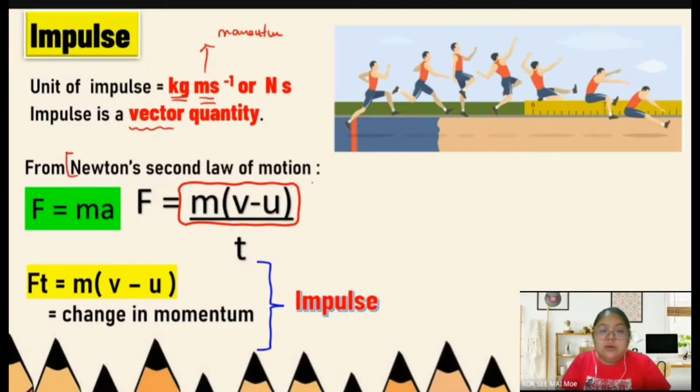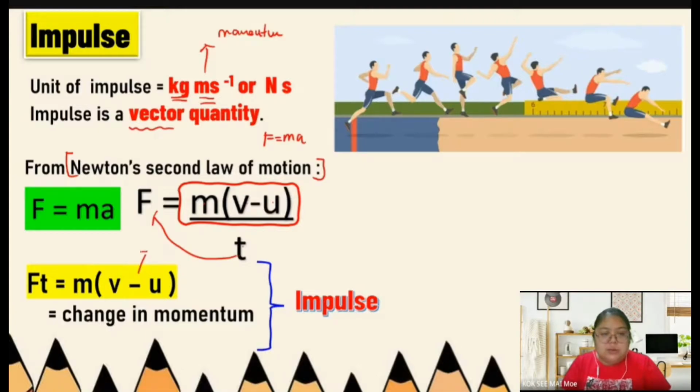Just now you learned Newton's second law: F equals ma. Remember this a is (v minus u) over t. So F equals m(v minus u) over t. When the t goes to the other side, you get Ft equals m(v minus u).